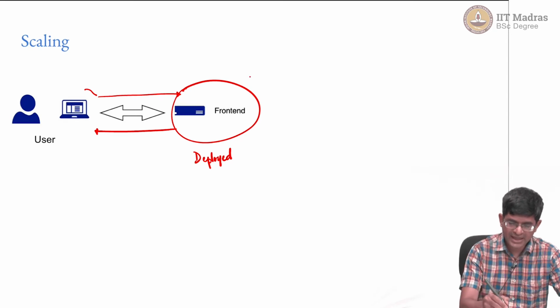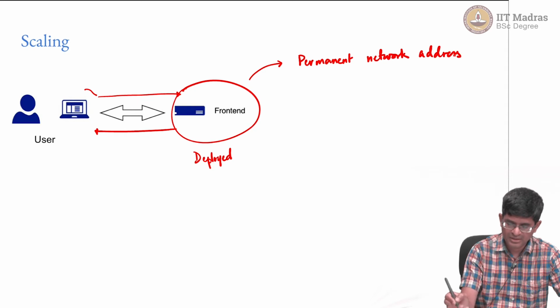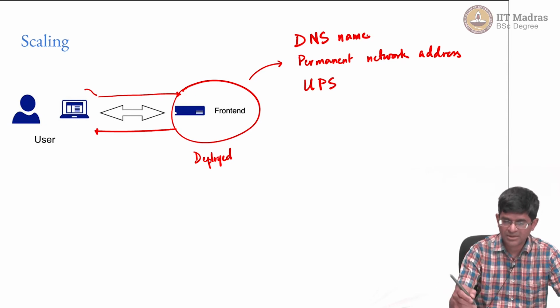Okay, and this has a permanent network address, it has uninterrupted power, right, and along with the network address you also probably need to have a DNS name, that is a domain name, something like fancyname.com, right, or I don't even know whether there is such a website, so please don't go and click on this link without checking it first.